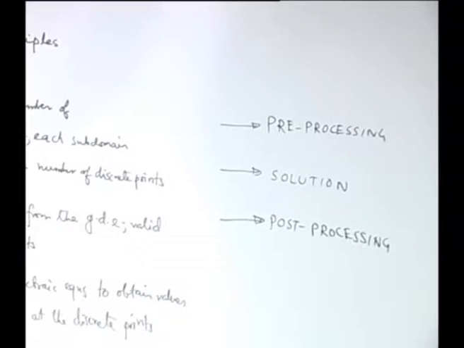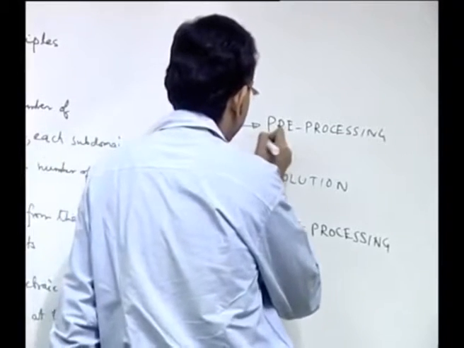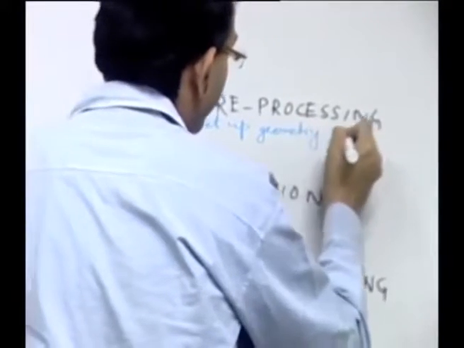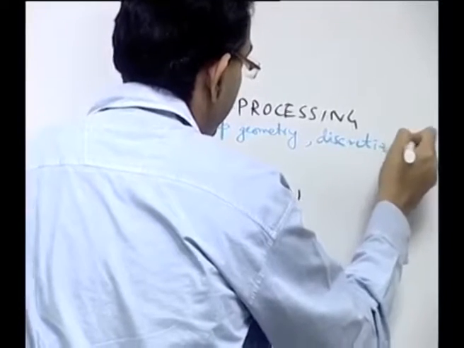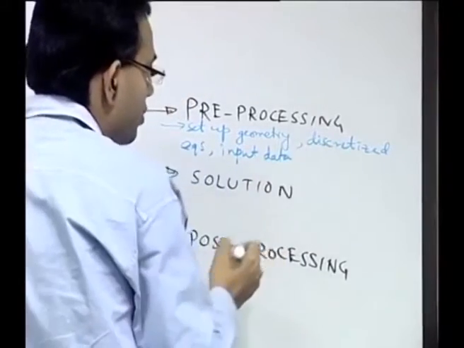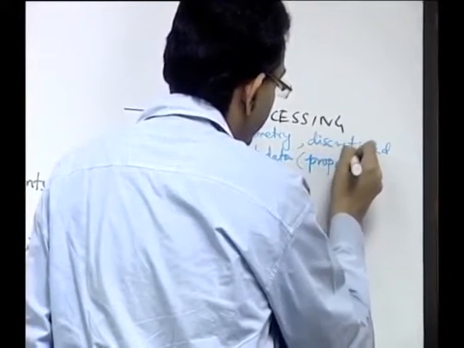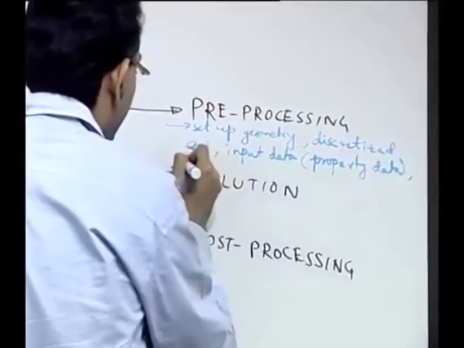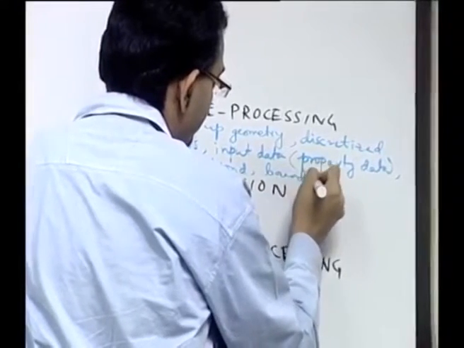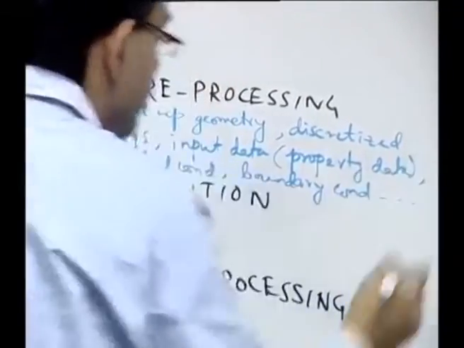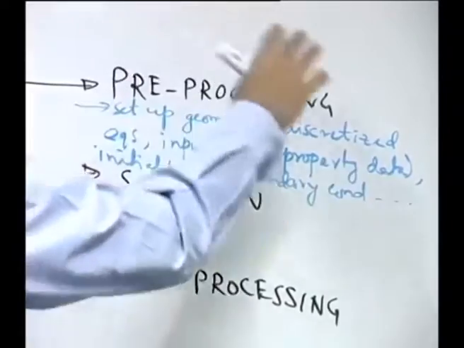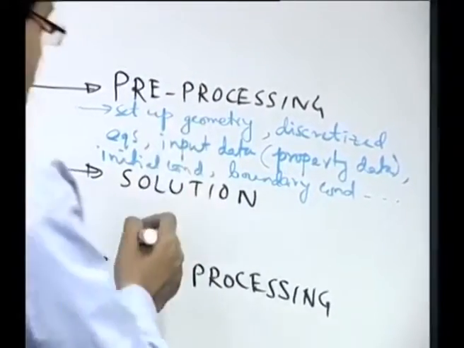So, how do you set up the problem? You set up the geometry, and discretized equations, input data, that means property data as an example, initial condition, boundary condition, etc. So, these are the inputs which are necessary, and once this thing is properly set up, then you basically require to solve algebraic equations.